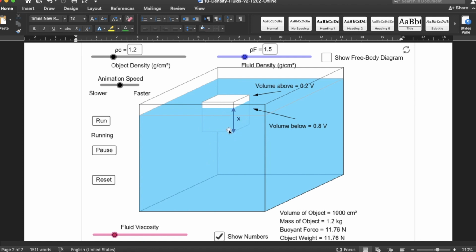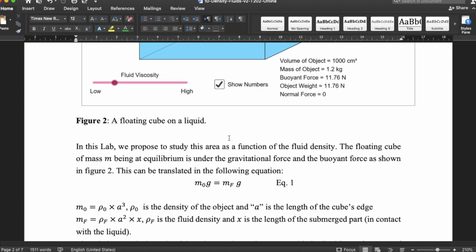And we know the weight of the object is simply the mass of the object times g. But the buoyant force is the weight of the displaced fluid. And this displaced fluid is given in this case by this submerged part of the cube. So the mass of this submerged part times g gives us the buoyant force. And here we see it mathematically.